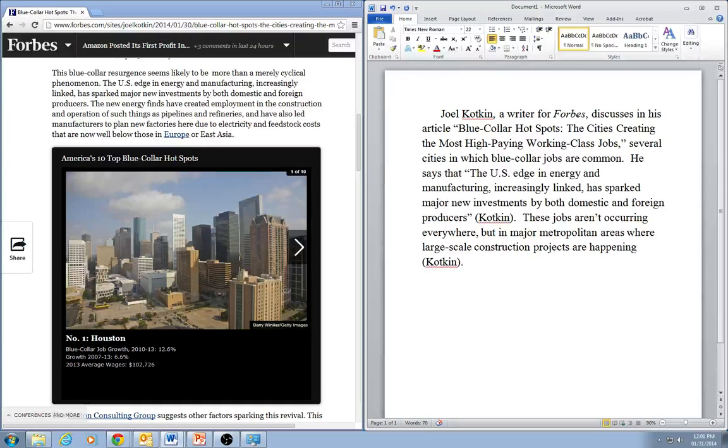Now, if I'm going to move on to my own perspective, this is a good time to do so. I have just cited this information. I've just indicated to my reader with this parenthetical citation that I'm done summarizing. This is a good moment for me as a writer to include some discussion, some explanation from my own perspective.